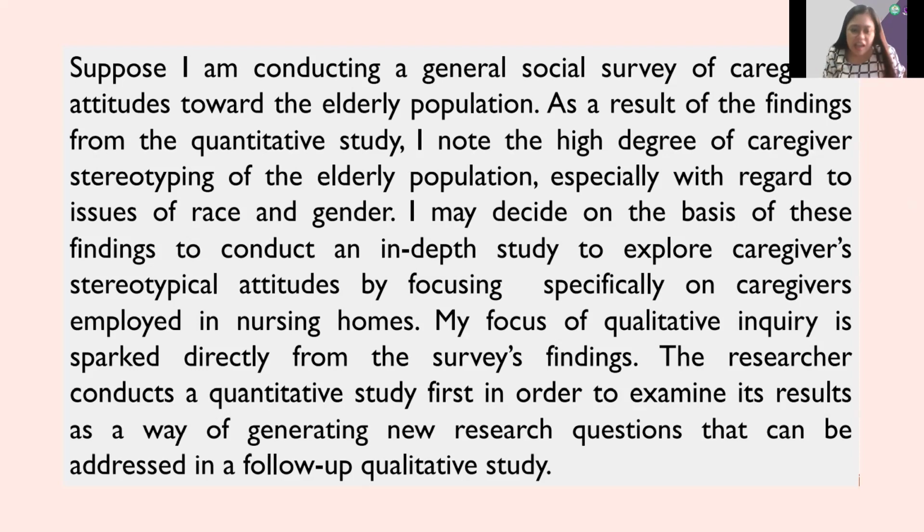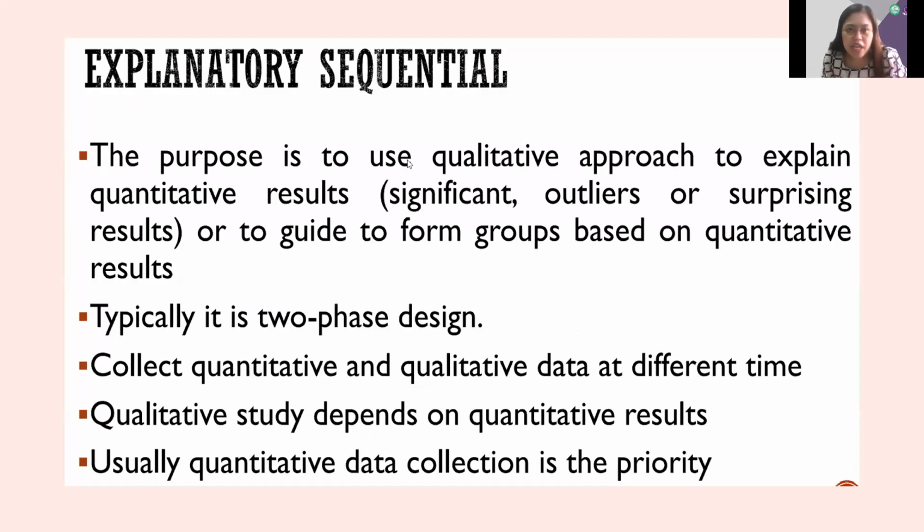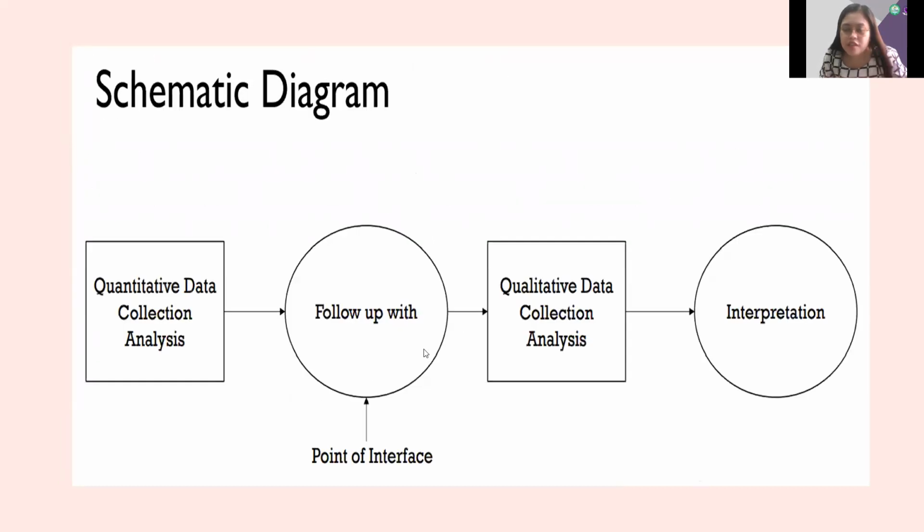So, ang nangyari, meron siyang quantitative result, numerical result doon sa kanyang pag-conduct ng survey. Tapos, ang result ng kanyang survey, in-explain niya based doon sa result ng pag-interview niya. So, na-understand niya ngayon through the interview bakit merong ganitong attitude ang kanyang mga participants. Kaya siya tinawag na explanatory sequential. Sequential kasi mauuna si quanti tapos si quali.